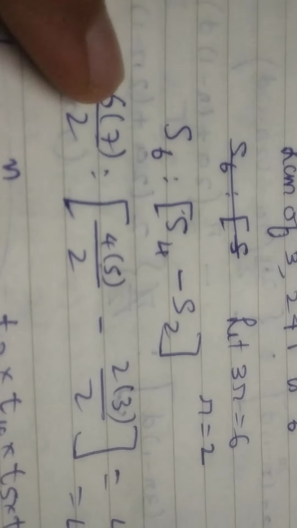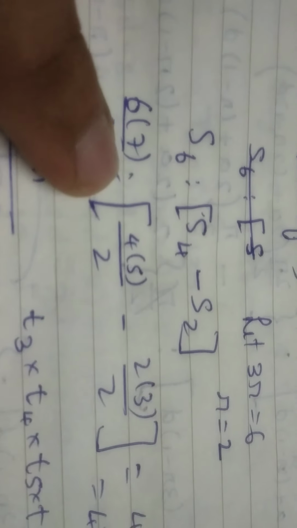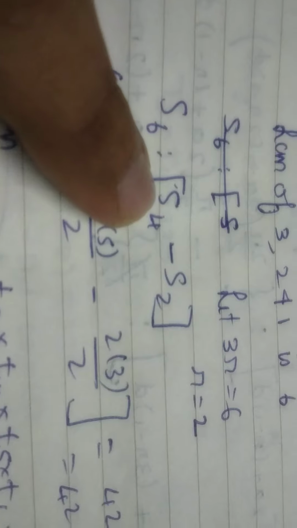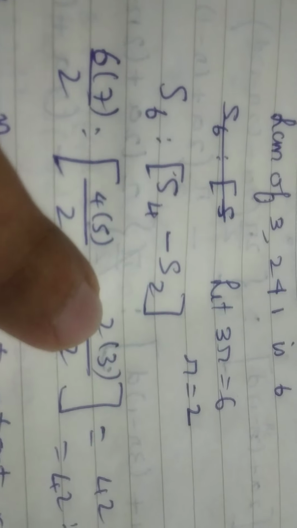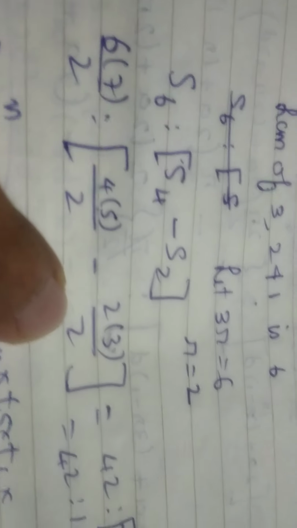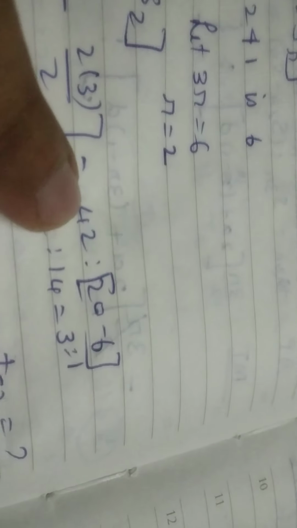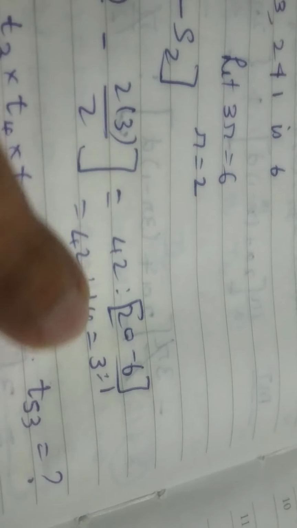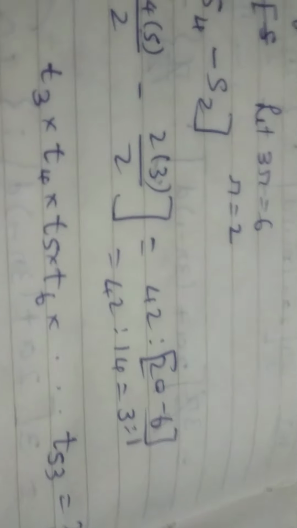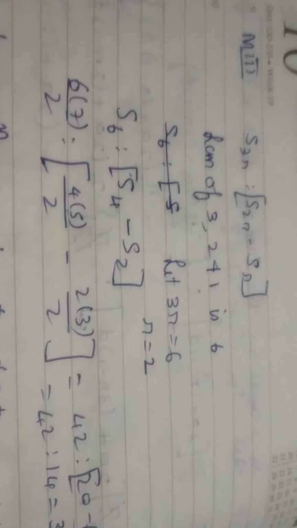Using this formula here, 6 into 7 by 2 is to the sum of 4 consecutive natural numbers, 4 into 5 by 2, minus the sum of 2 consecutive natural numbers, 2 into 3 by 2. Upon simplifying this, I am getting 42 is to 20 minus 6, 42 is to 14, which is 3 is to 1. This is also a very simple method.